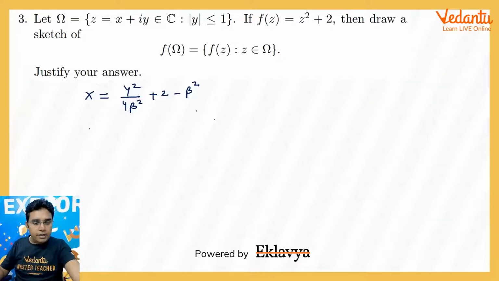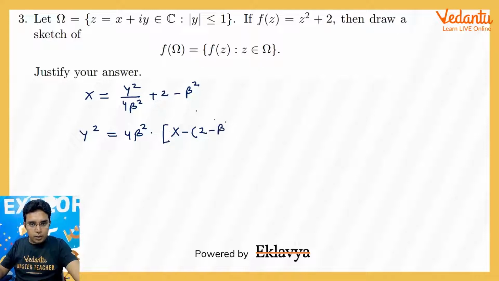Now if I write this as a relation in capital X, capital Y in the standard form of some standard curve, you can say Y square would be equal to 4 beta square into (capital X minus 2 minus beta square). Now you can recognize this curve easily. This is actually of the form y square equal to 4a(x minus h). So that's a standard parabola, or you can say a right opening parabola.